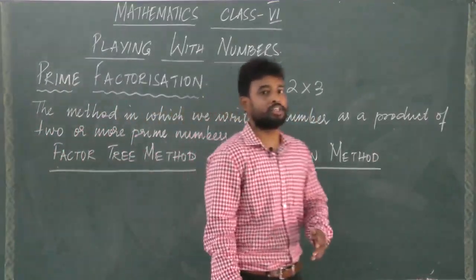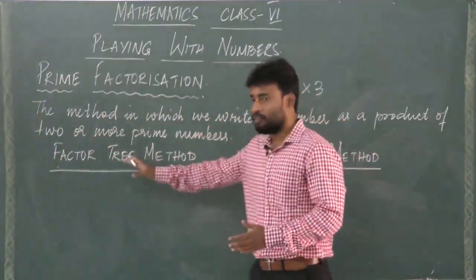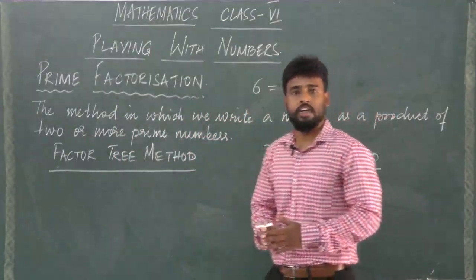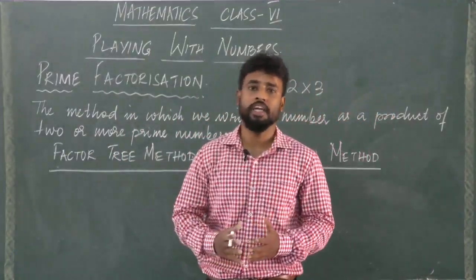So I have written the two methods on the board. The first method is the factor tree method and the other is the division method. Now let us see what happens in the factor tree method.